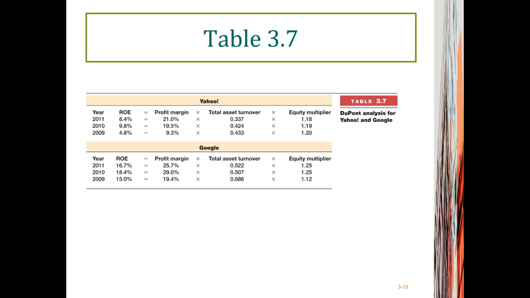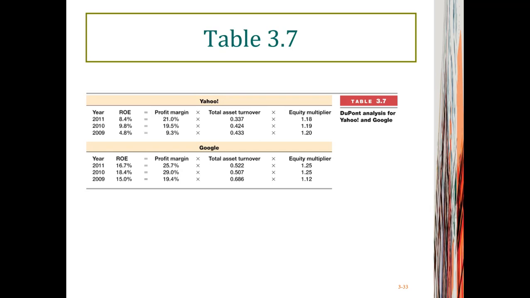So what happened between year 2009 and year 2010 is profit margin more than doubled to 19.5%, while operating leverage and financial leverage are about the same. So the major driver for high ROE in year 2010 compared to year 2009 was that the profit margin increased tremendously. Now let's compare year 2010 to year 2011.